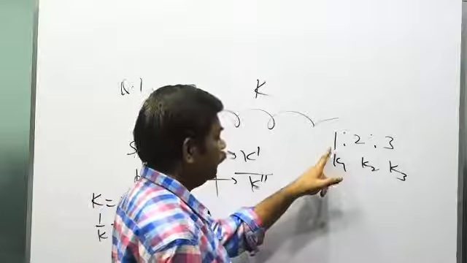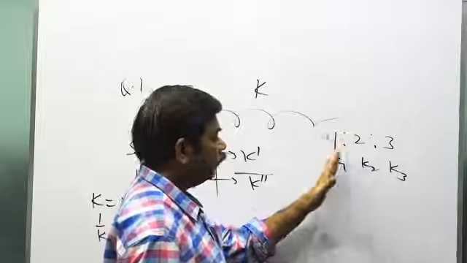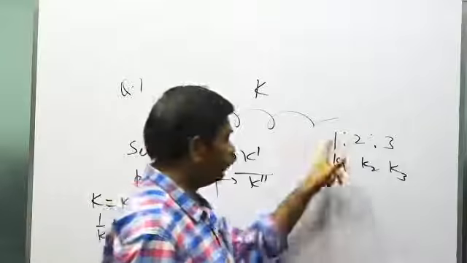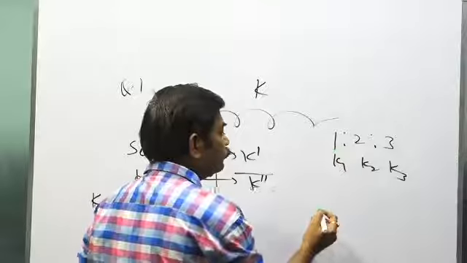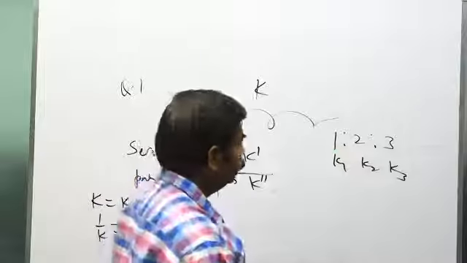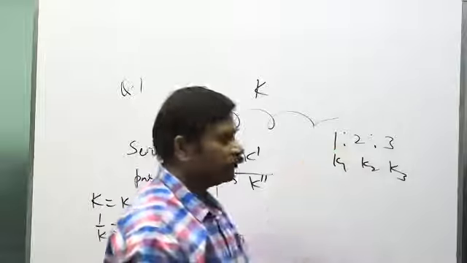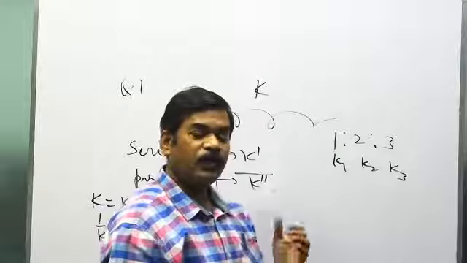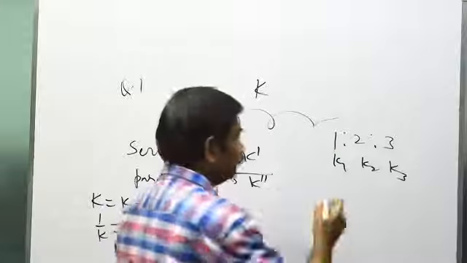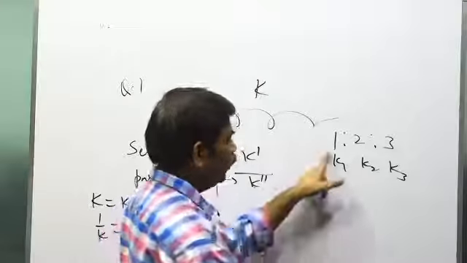To calculate the K of the part whose ratio is 1, this is the basic thing: look at what fraction of the whole spring this part is. This is the 1/6 fraction of the length of the spring, like 1, 2, 3.